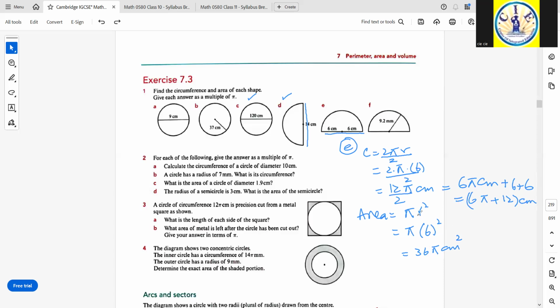And for pi r squared, the whole is to be divided by 2. So that will be 18 pi.